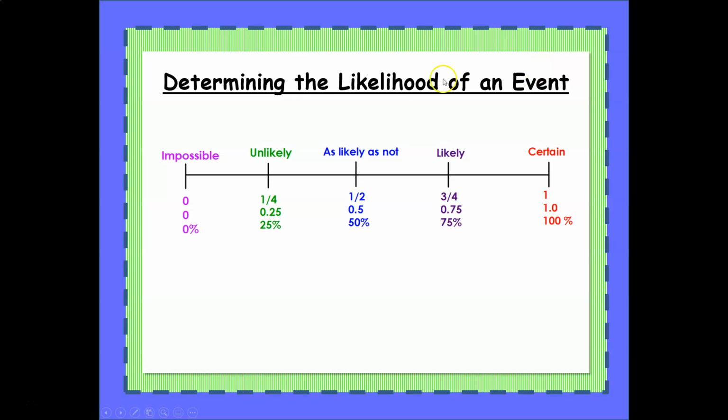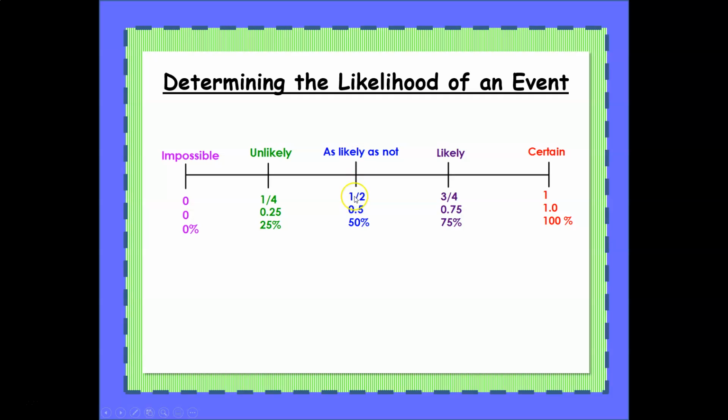Determining the likelihood of an event to occur is a continuum that you see. So if it's impossible, it has 0% chance of occurring. It's unlikely if it is 25% or below of occurring, or 1/4 or below of occurring.